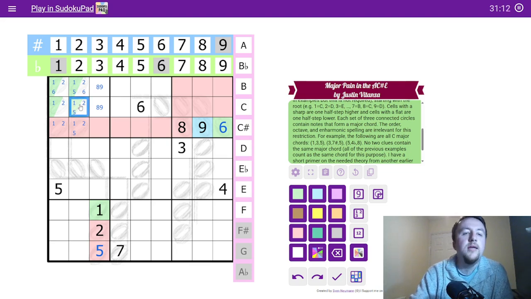No, I don't think we can. Alright, so I think if the 5 does join the 6, they will join the 2 in a D major triad. If the 5 does not join the 6, then I think we've got loads of options. I think we could do sharp 5, flat 2, and 4.